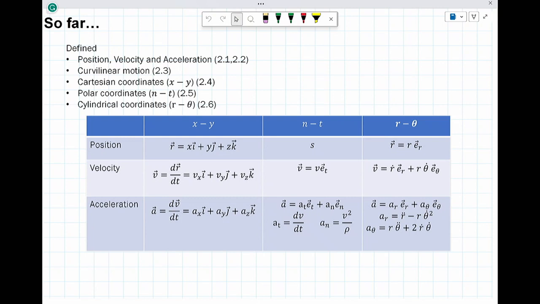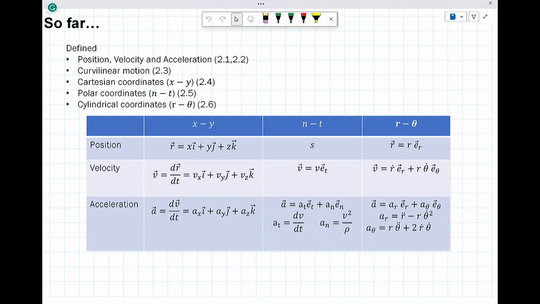Velocity is, again, rate of change with respect to time. It's easiest in the Cartesian system, and it's vx, vy, vz. And acceleration is acceleration x, acceleration y, acceleration z. One of the questions I saw over the weekend is, why do we write certain things the way we do? When it came to nt, v equals v e t.